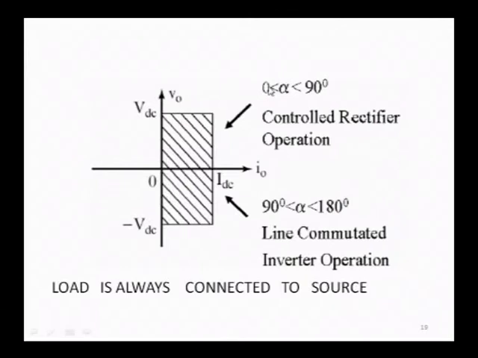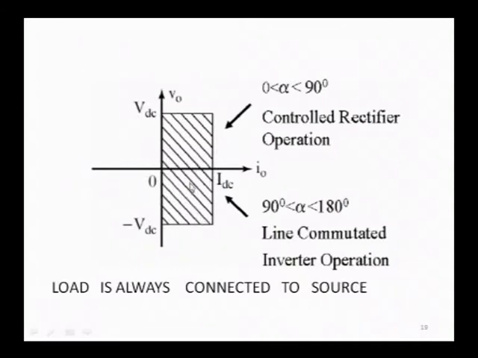When you change the firing angle beyond 90 degree, that means 90 to 180, it acts as a line commutated inverter. So now this is quadrant number 1, quadrant number 4.